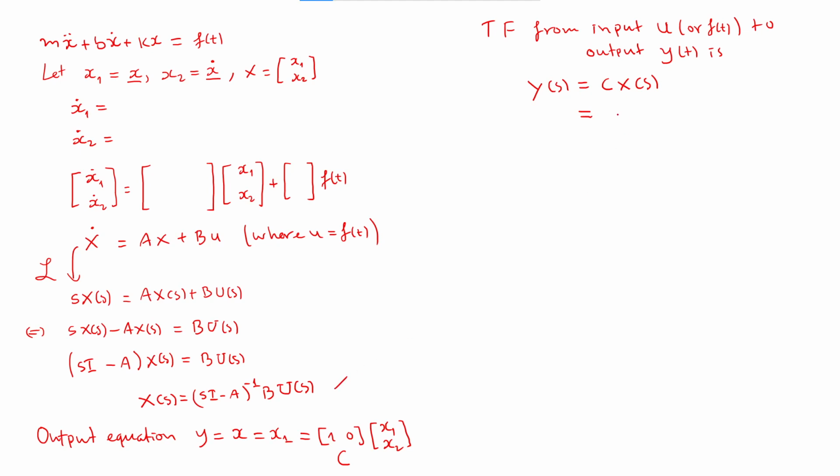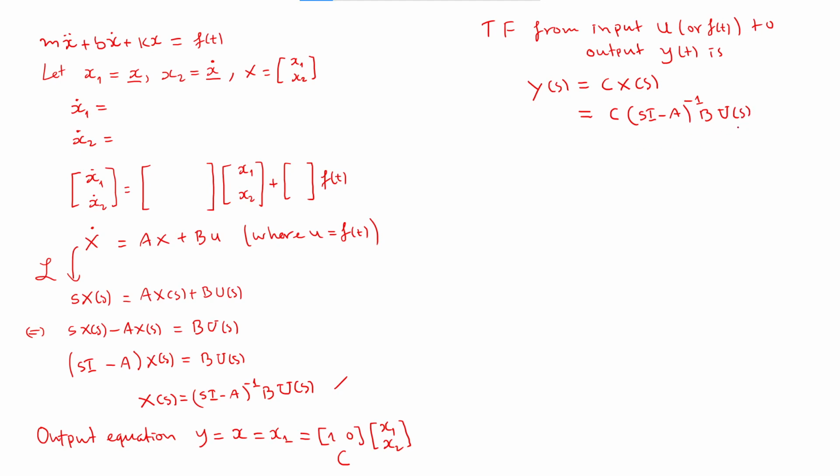So you substitute h of s, and you have C (sI minus A) inverse times B times u of s.